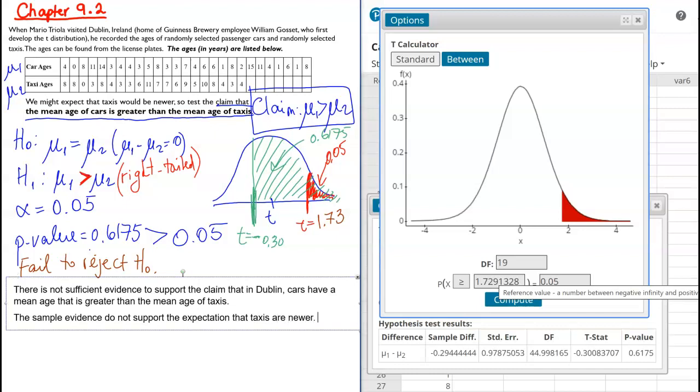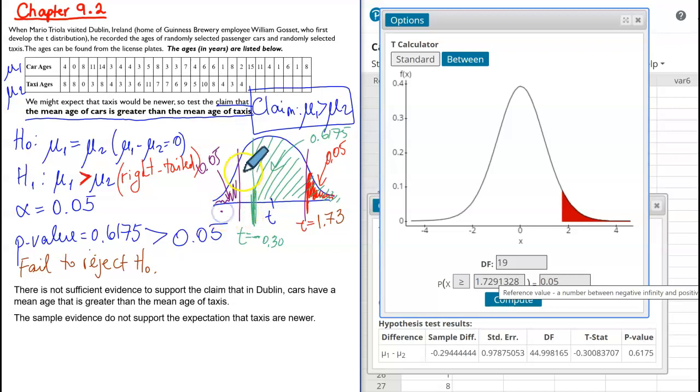Now let's test the same claim using confidence interval method. Because our test is right-tailed, we will need to add the left tail, 0.05 on the left, which will make our confidence level equal 1 minus 0.05 times 2, which is 0.9.